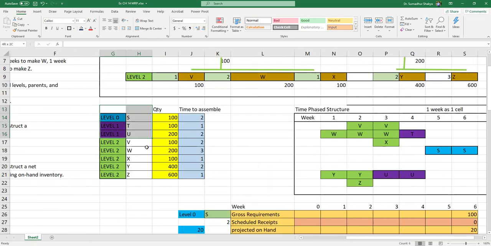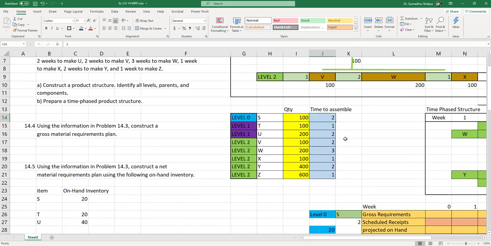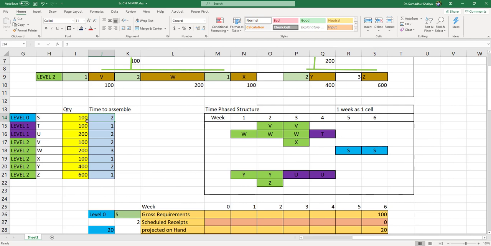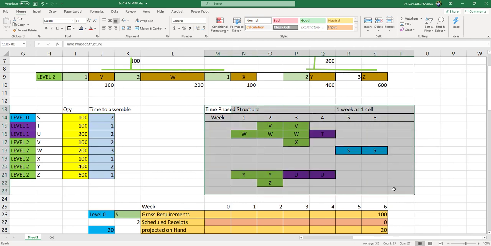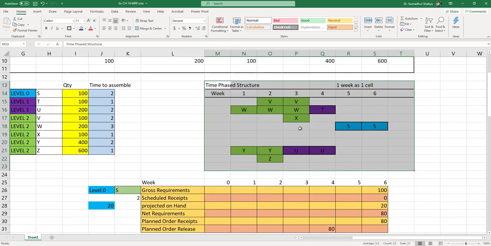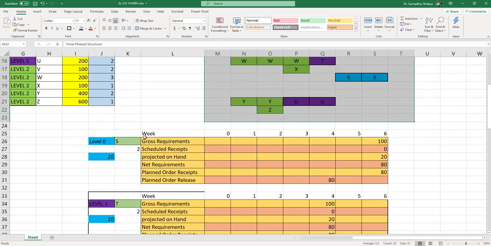Then we made a short purchase receipt, as to for each individual quantity, how many items for each individual component do we need. Then we also brought in the information that was given in terms of time to assemble. Combining the product structure and the time to assemble, we made the time phase structure. This time phase structure is then utilized in planning the gross requirement or net requirement planning.